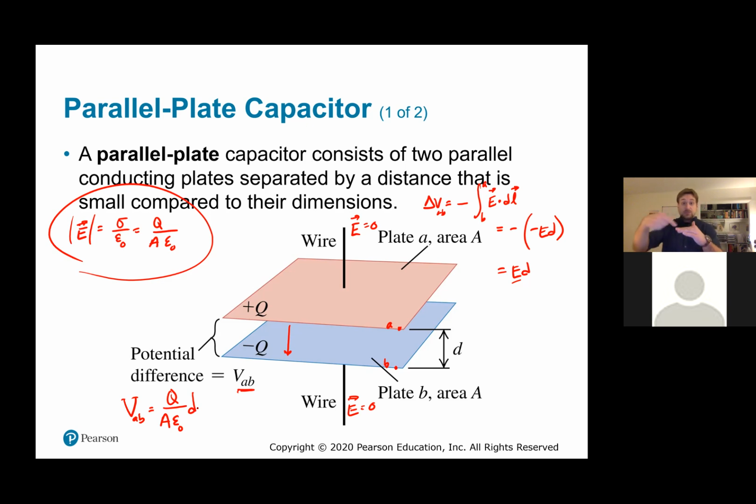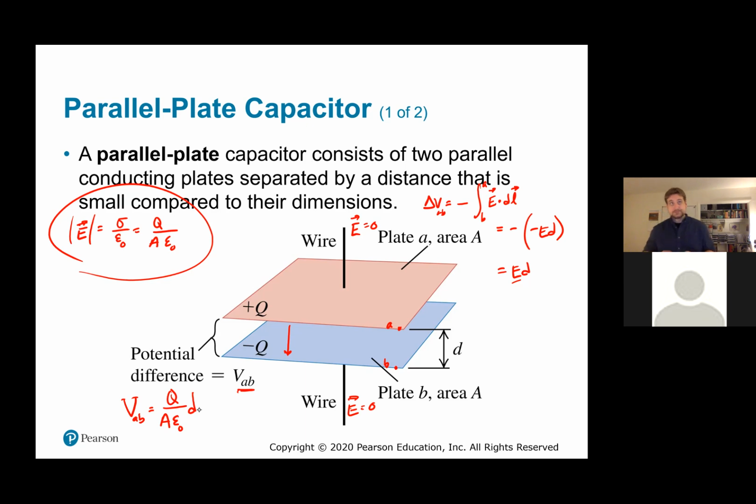Because as we build charge, the field increases, and it takes work to move charge. As we start to put more and more charge, it's going to be harder and harder to keep them where they are because they're attracted to each other.